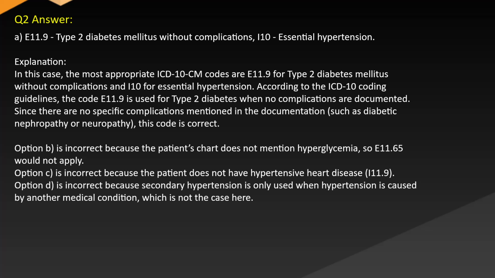Option B is incorrect because the patient's chart does not mention hypoglycemia, so E11.649 would not apply. Option C is incorrect because the patient does not have hypertensive heart disease, I11.9. Option D is incorrect because secondary hypertension is only used when hypertension is caused by another medical condition, which is not the case here.